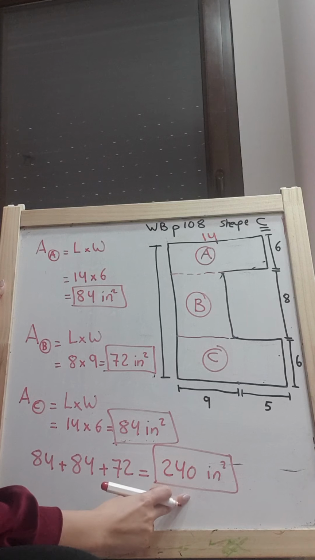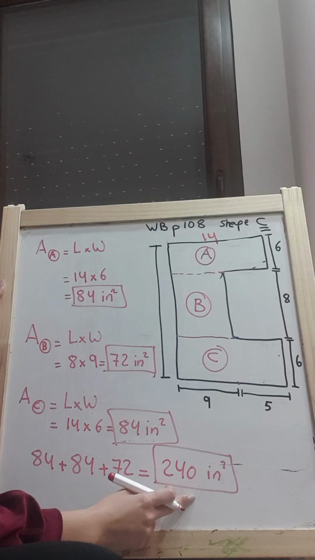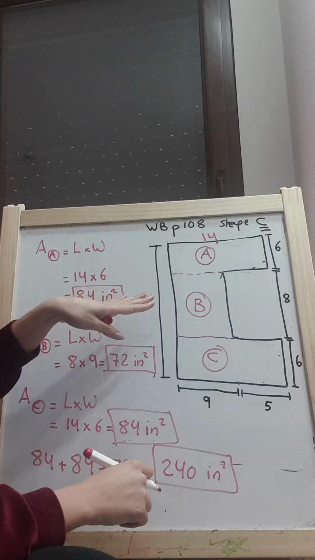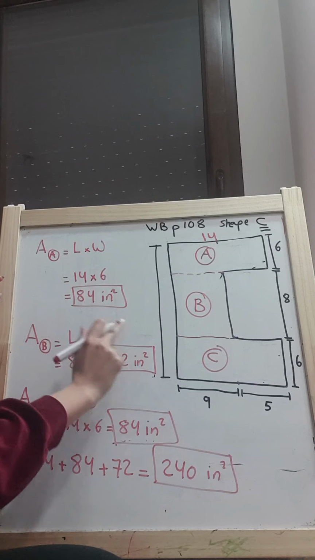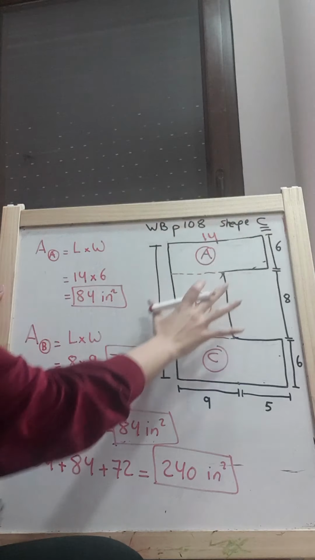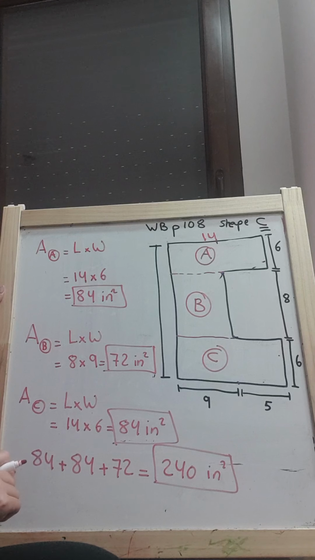See, I got the same area, 240 inches squared. Although I divided it in a different way, the measurements are different. However, when I added them together, I got the same area. All right.